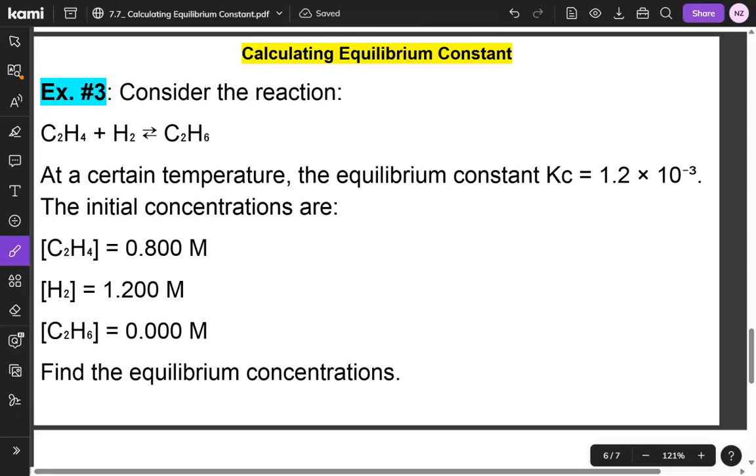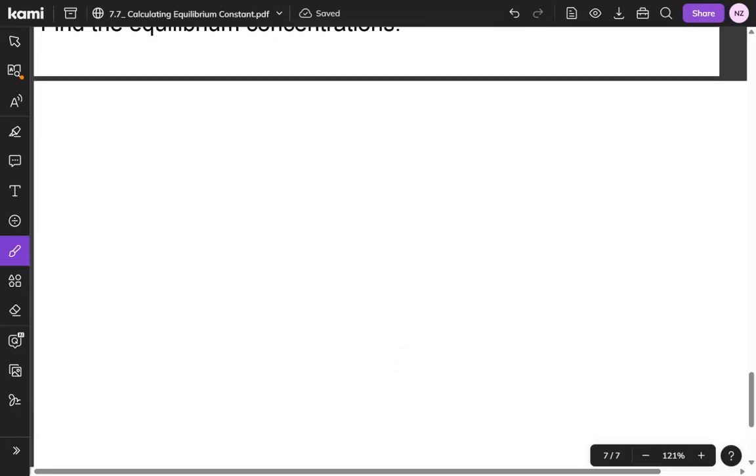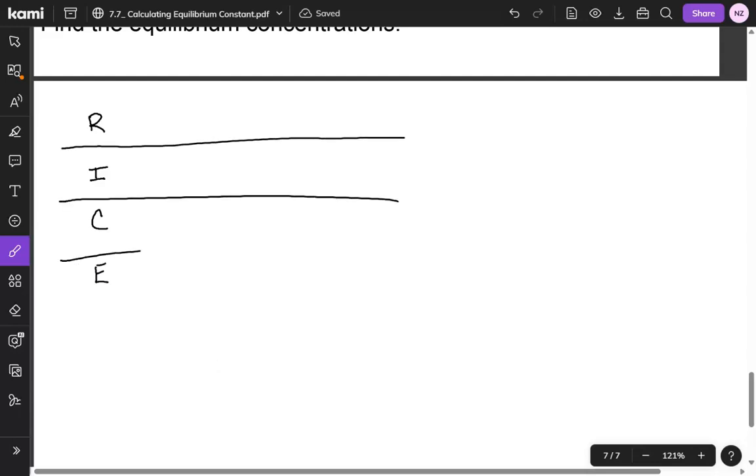So it's very similar. All the concentrations are given. So let's begin by setting up our rice table. Majority of the time, you will find that this assumption works.